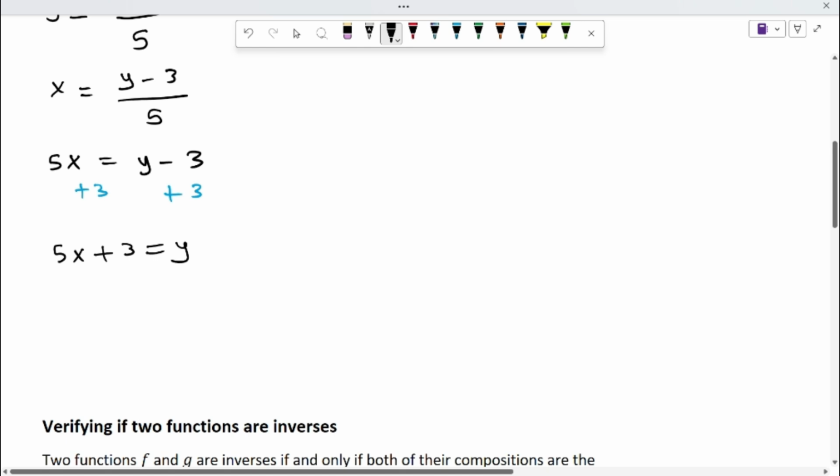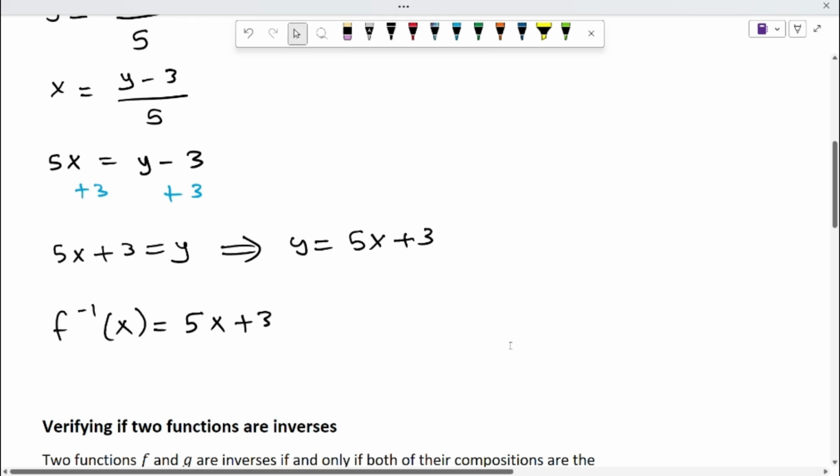So our last step here, I want to put the y on the left side again. That's the traditional way of doing it. So this is y equals 5x plus 3. And then our last step above, we said change from y to f inverse. So this means that f inverse of x equals 5x plus 3. And that's how we solve an inverse function.